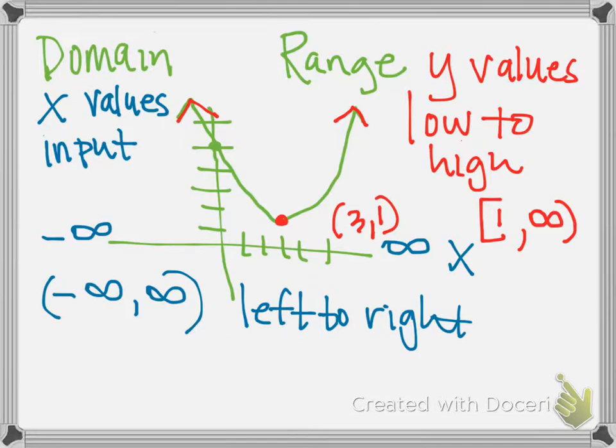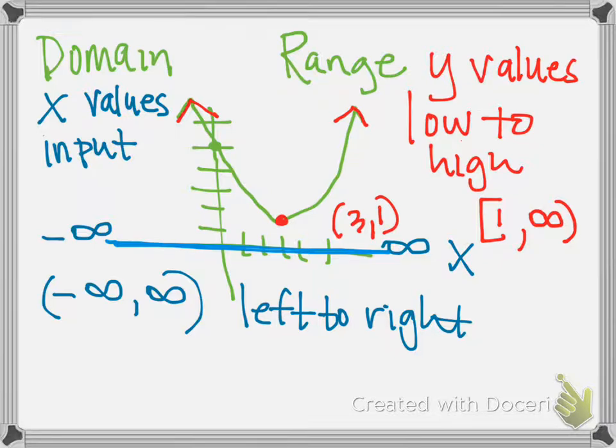Okay, domain and range. Domain are the x values. It can also be called the input of the function. Domain is always right here. This is what you're talking about. The furthest left on the x-axis is called negative infinity. The furthest right is called infinity.